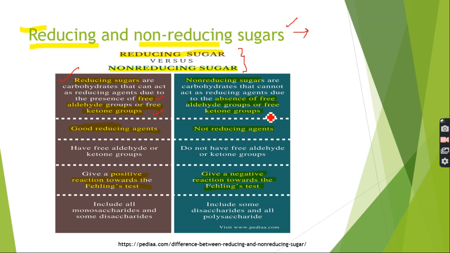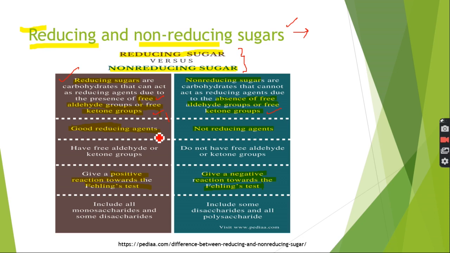However, in non-reducing sugars, there is an absence of a free aldehyde or free ketone group. Just recall the structures of glucose and fructose. They have a free aldehyde and a free ketone group, so definitely they will act as reducing sugars.